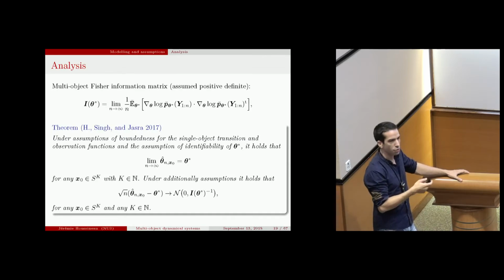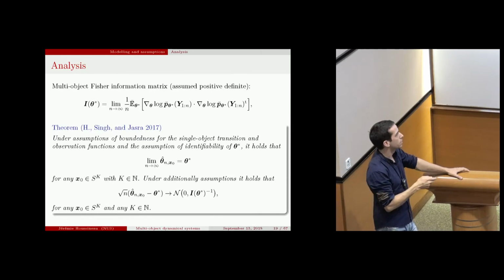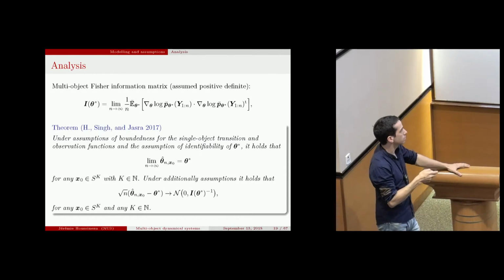But in general, it's either hard to prove or it's not true. We're unsure at this point. Unfortunately, we had to assume that the whole theta is identifiable. So we couldn't deduce so much that property from the property of single objects and of the different components.